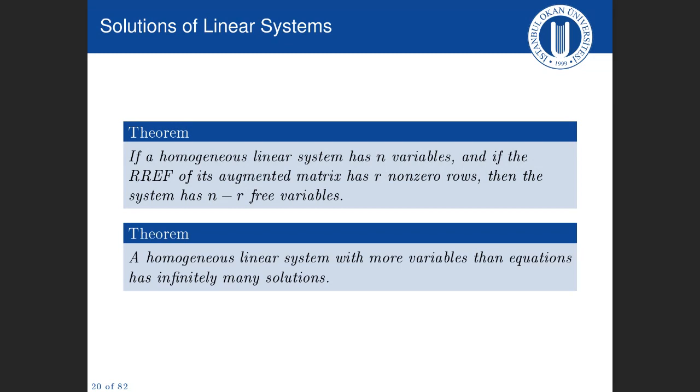From this, straight away, we can say a homogeneous linear system which has more variables than equations must have infinitely many solutions. If there's more variables than equations, then we must have at least one free variable, so therefore we must have infinitely many solutions.